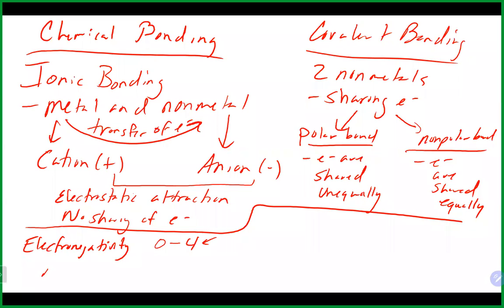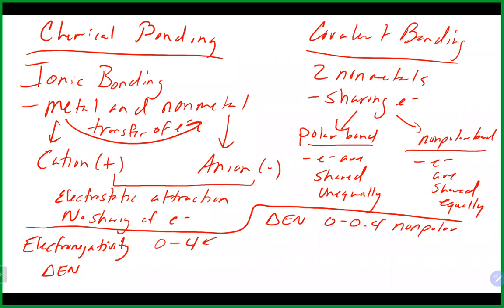And we can take the difference in the electronegativity values, and that could help us determine whether or not we would expect the electrons to be shared equally or unequally. The cutoffs for the difference in electronegativity are approximately 0 to 0.4 is a nonpolar bond.